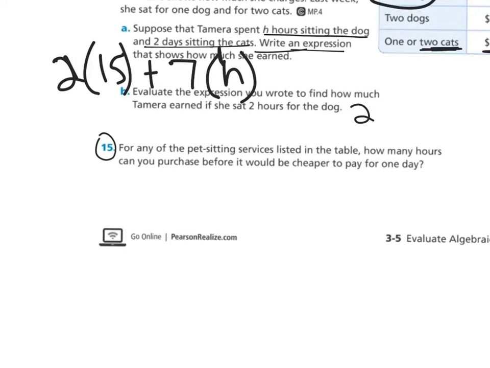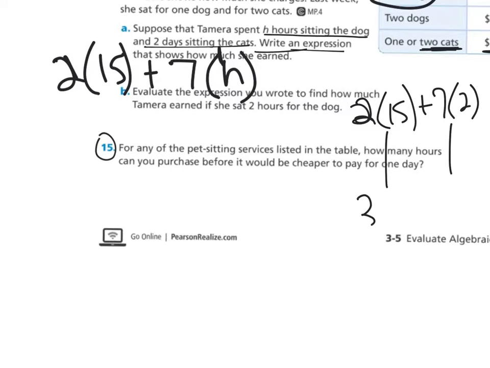So we do 2 times 15, which is 30. And then 2 hours. Technically, you guys can do both of these multiplication parts at the same time, since we know the multiplication is going to happen before addition, which is $44.